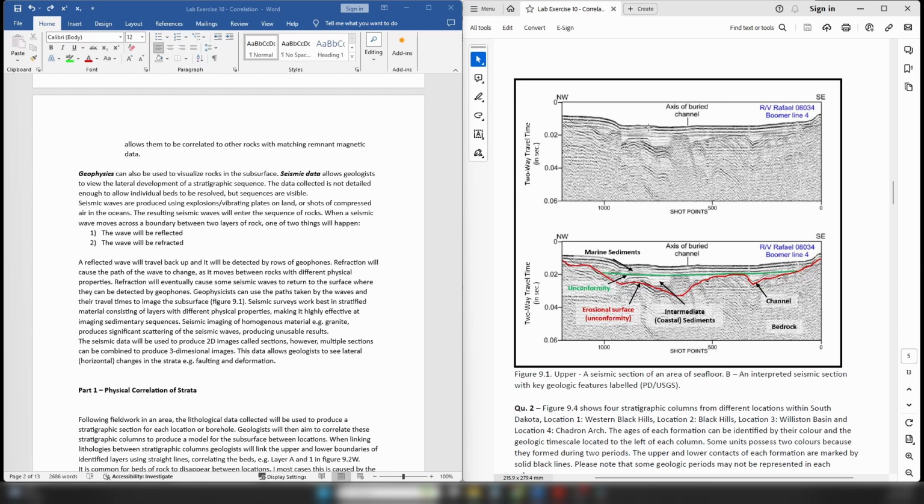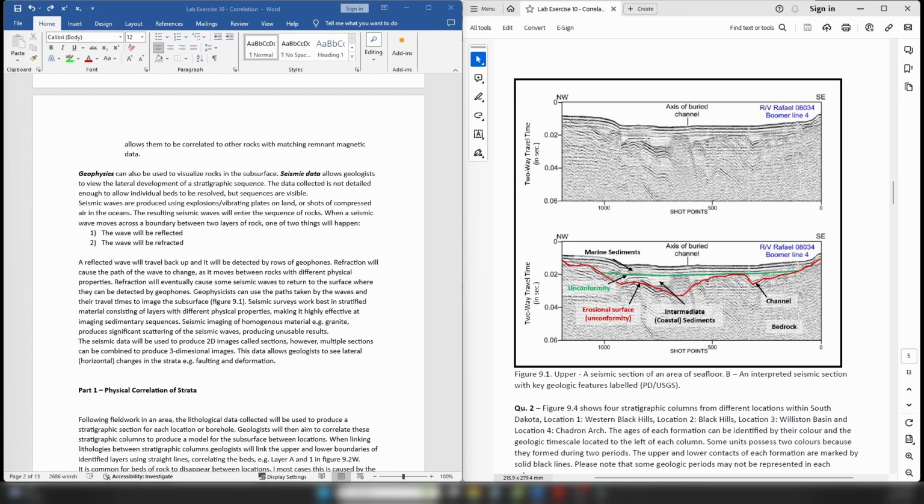Now, what you'll notice is this upper portion, so anything above the red line, you can see the layers relatively clearly, and that's because there's a contrast in the physical properties between the layers. As the seismic wave moves from a sandstone to a mudstone, or maybe from a mudstone to a limestone, the changes in the physical properties will affect how the wave is refracted.